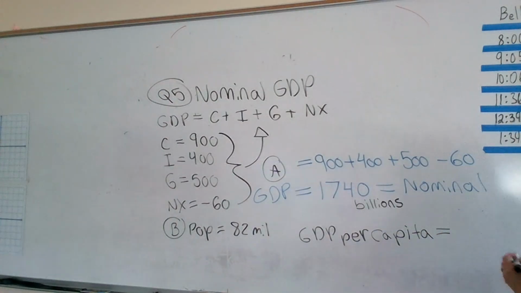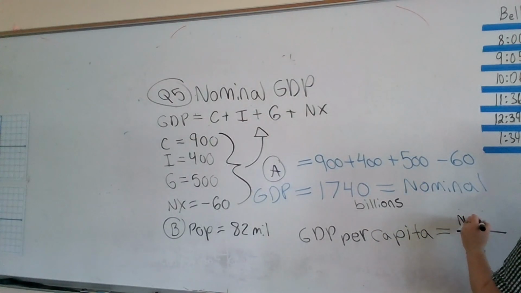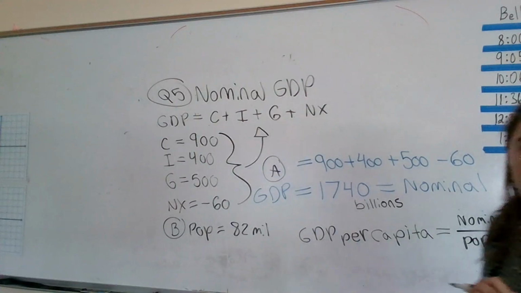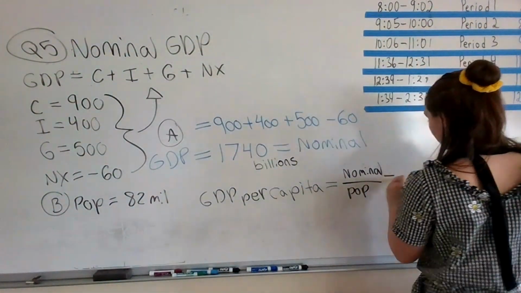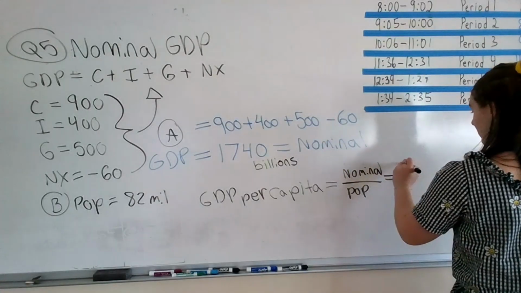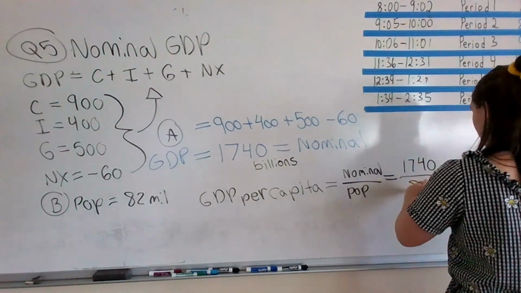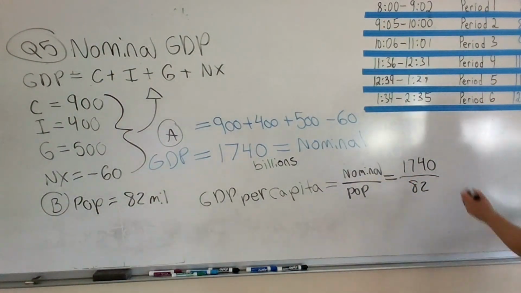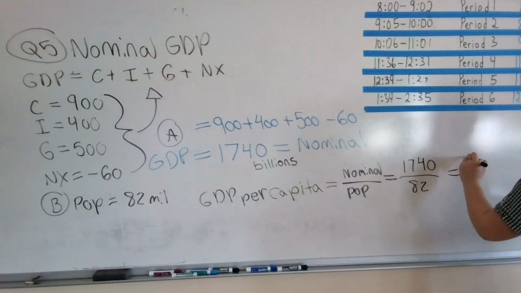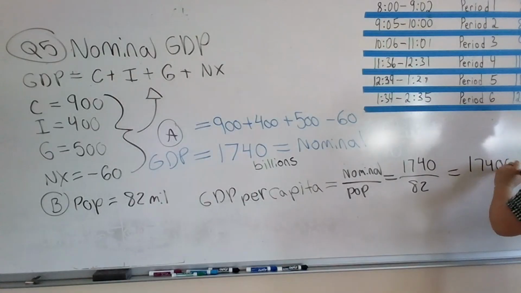GDP per capita is going to be our nominal over our population. We can either say 1740 over 82 and divide, or we can be fancy schmancy and add all our zeros in.